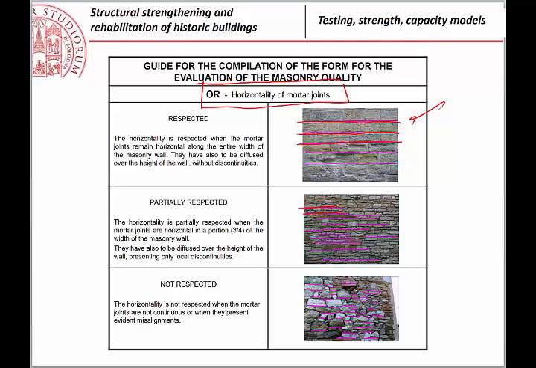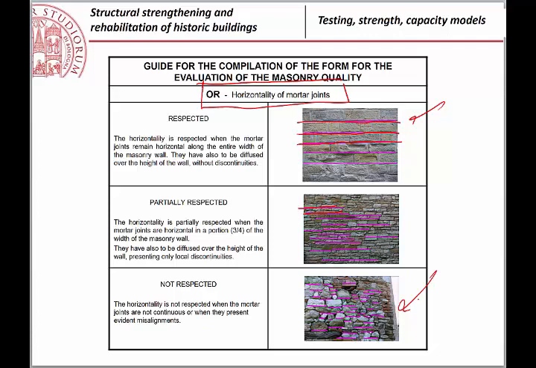Not respected is this one, that is, the blocks are organized almost randomly, not completely randomly, because of course people knew also in the past that if you have blocks of different sizes, it is much better to have some good alignments.